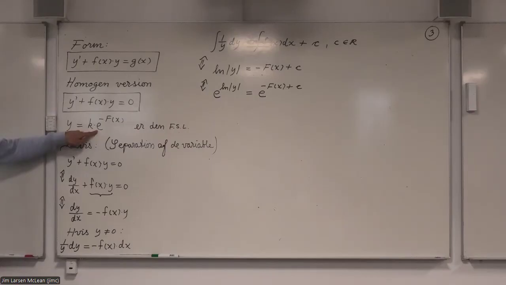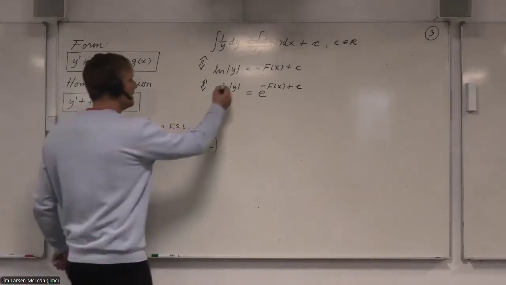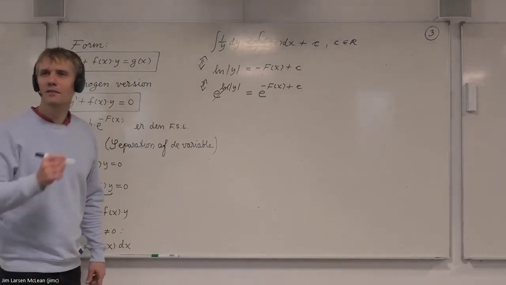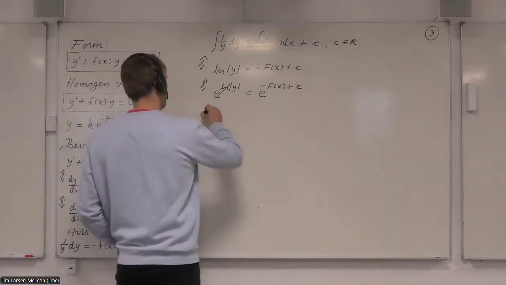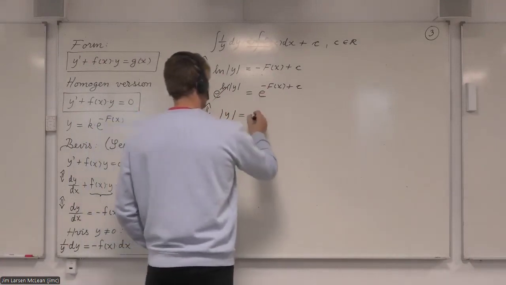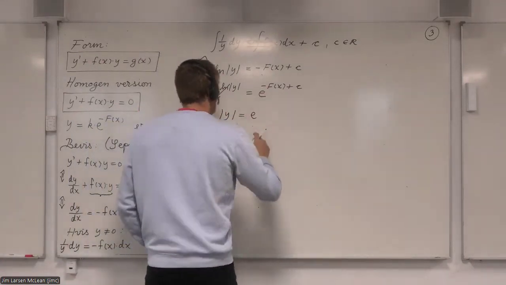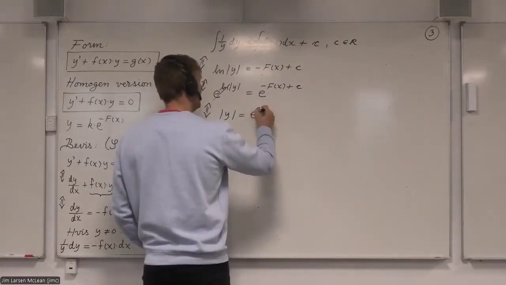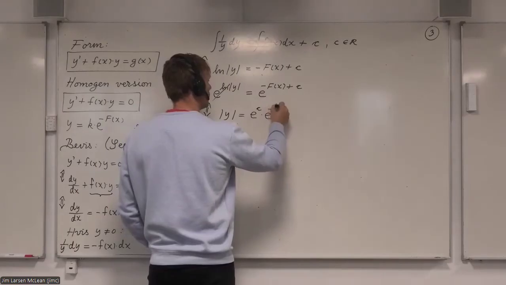It's close now, because you can see that these cancel each other out, so now I am there. I have isolated not y, but the absolute value of y. So what I now have is that the absolute value of y equals this. And it can be written like this: e to the power of c times e to the power of negative capital F of x.